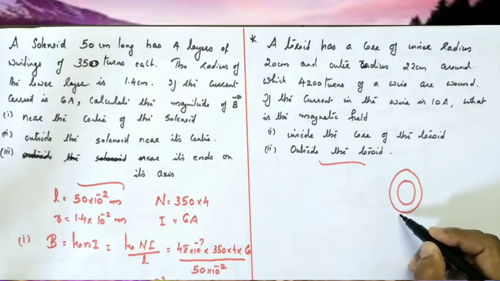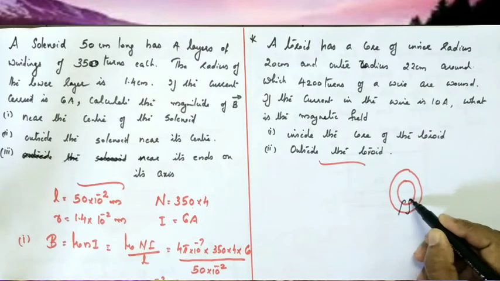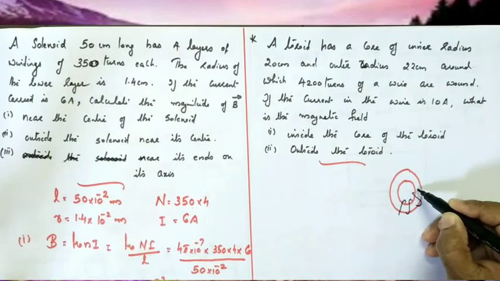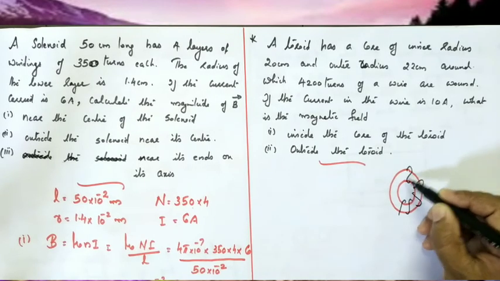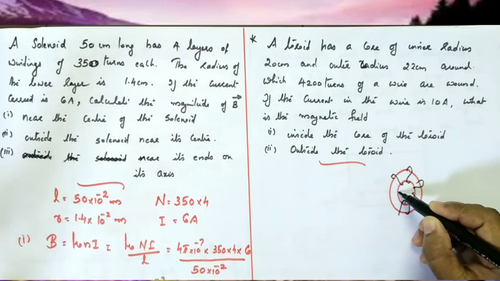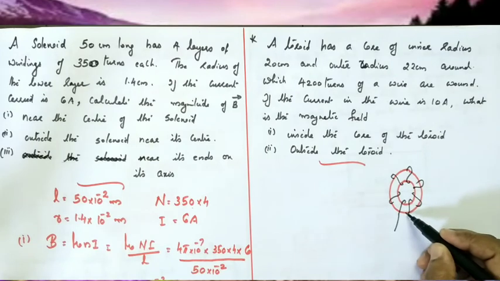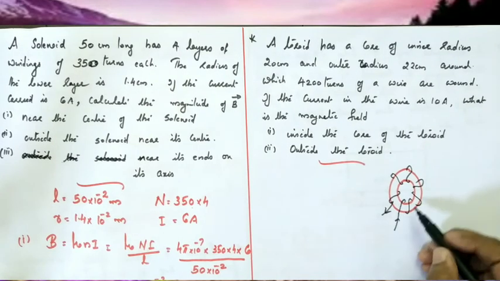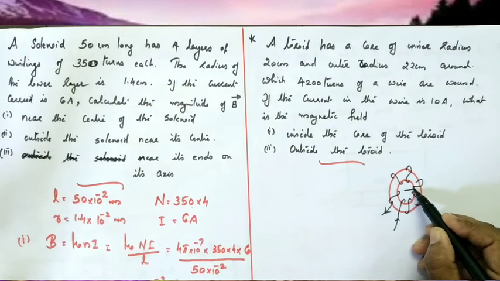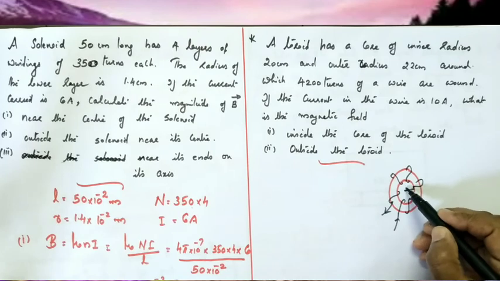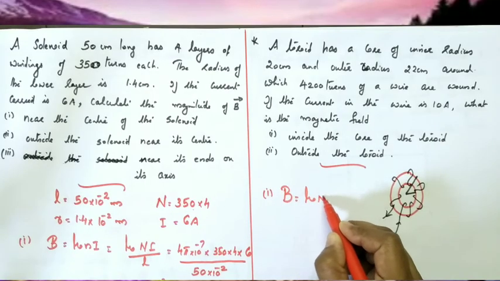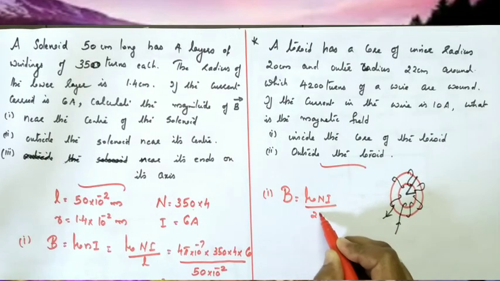Here this is a toroid having inner radius, this is the toroid that you know. Here current is entering and here the current is leaving. The inner radius is 20 centimeter and the outer radius is 22 centimeter. Magnetic field B equal to mu 0 Ni divided by 2 pi r.